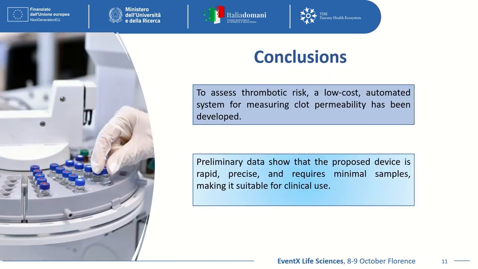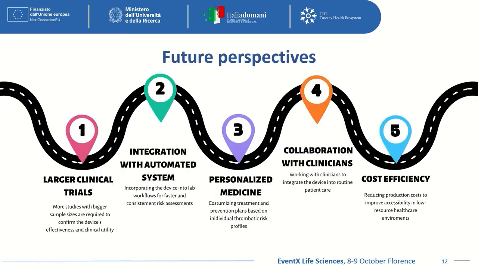In conclusion, to assess thrombotic risk, a low-cost automated system for measuring clot permeability has been developed in collaboration with engineers from the University of Siena and clinicians from the University of Florence. Preliminary data show that the proposed device is rapid, precise, and requires minimal samples, making it suitable for clinical use. Obviously, more studies with a bigger sample size are required to confirm these data.